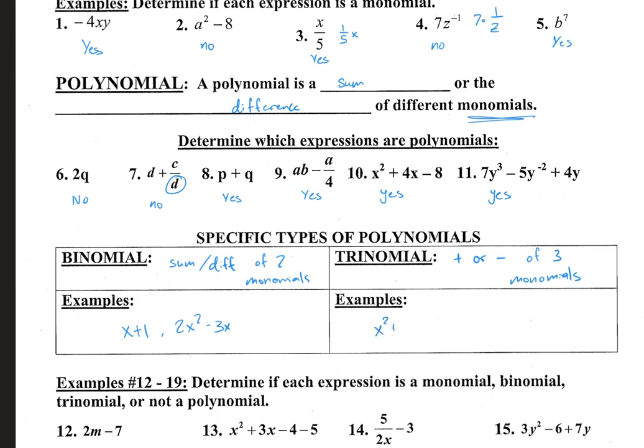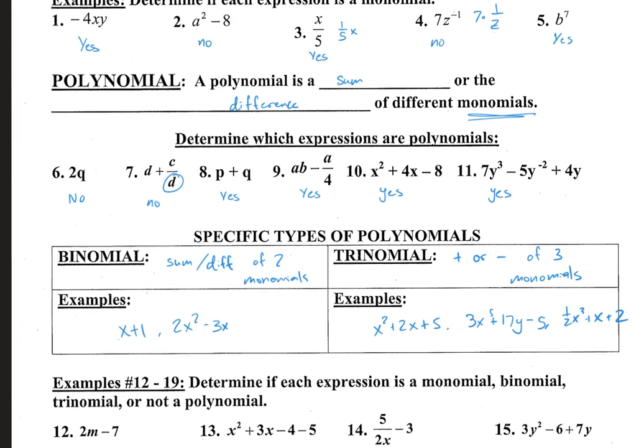So x squared plus 2x plus 5, 3x, 5 to the 5th power, plus 17y minus 5. There's a lot of 5s in here. You can have fractions. So you can have 1/2 x cubed plus x plus 2. So you can have fractions. There just can't be a variable in the denominator.